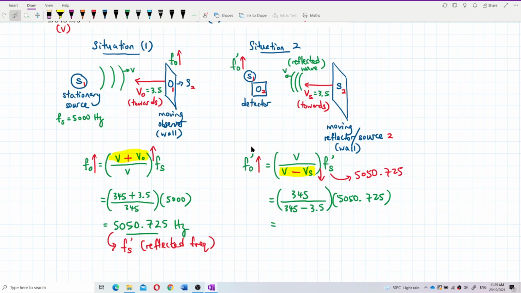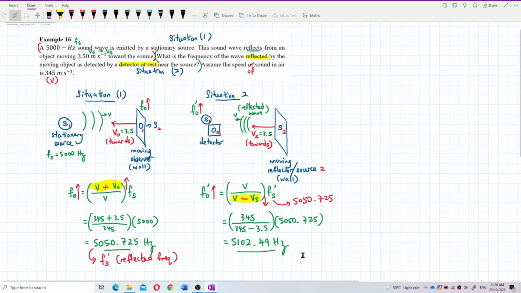Let's calculate 345 minus 3.5, then 345 divided by the answer, times 5050.725. The answer is 5102.49 Hertz, an even higher frequency detected by the detector near source 1.